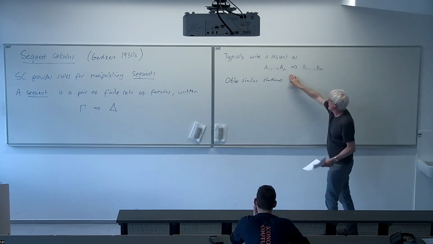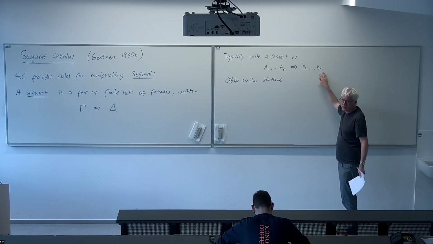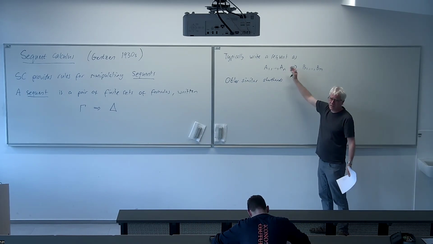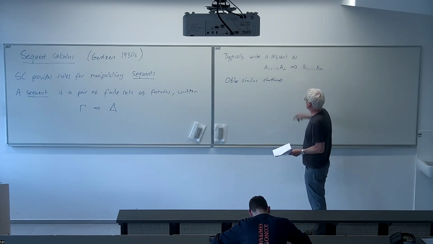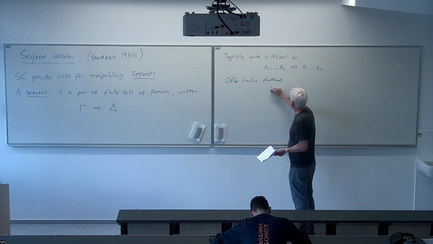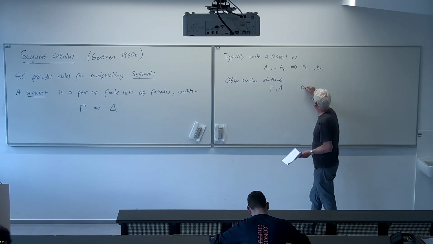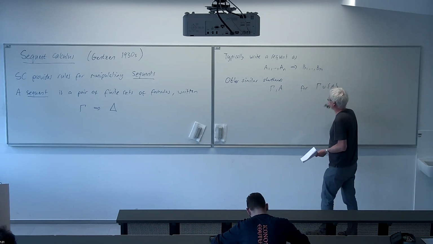So actually, a special case of this is when either n or m is empty, zero, in which case we just don't write anything, and it means that we have the empty set on whichever side is empty. Other similar shorthands are, if gamma is a finite set, we're going to write gamma comma a for gamma union singleton a.